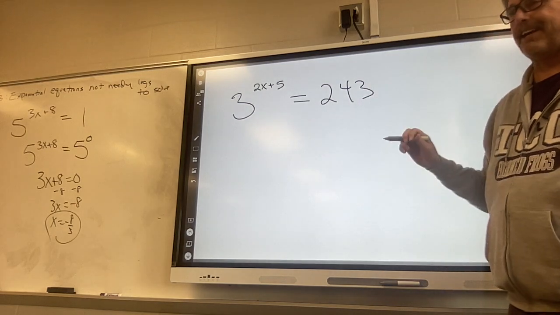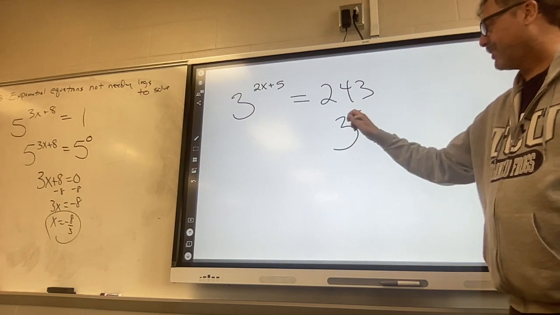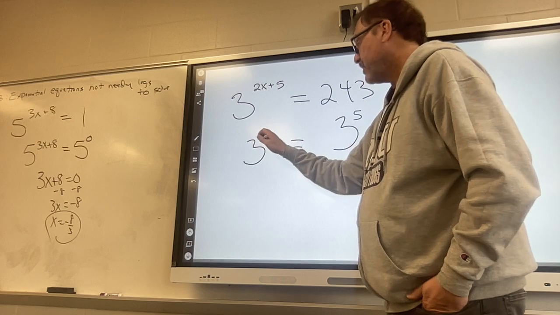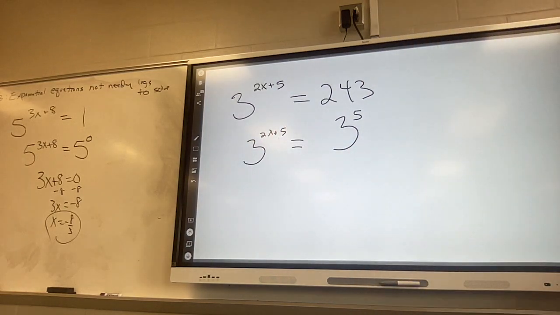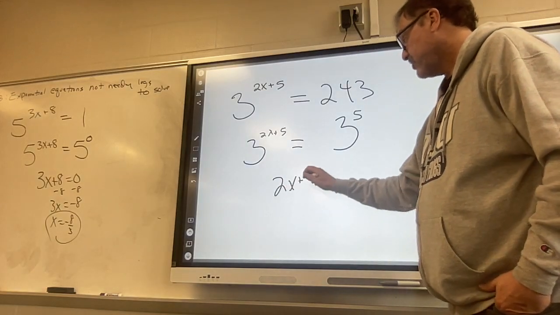So this is the board we're looking at. I said the wrong board. All right. So this is 3 to the 5th power. Again, today that's what's going to happen. You're going to be able to get the same bases. And now, once we have the same bases, we need the exponents to be the same. And so now we can forget about the bases to solve the problem.